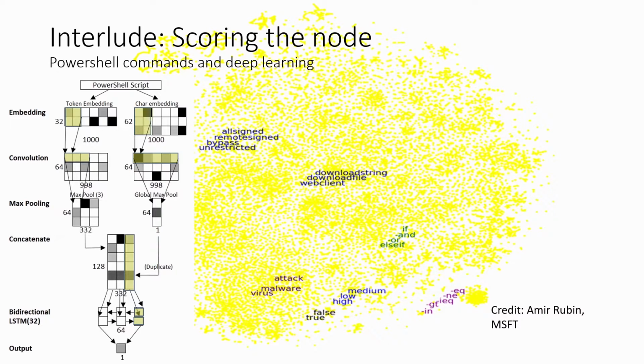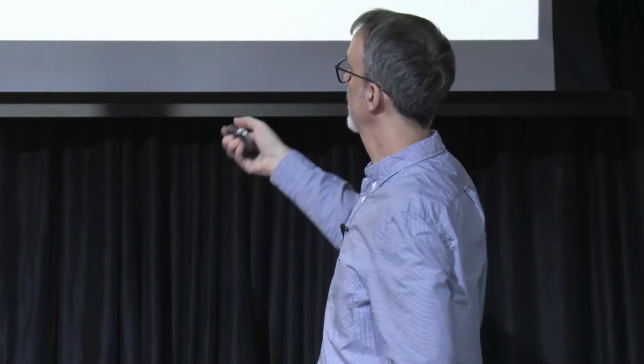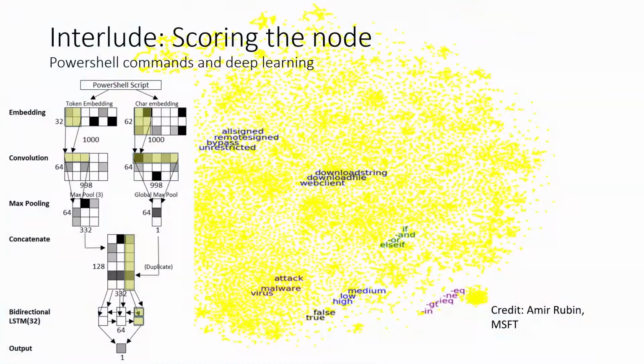By the way, Amir Rubin, a colleague of mine in Israel. You can see that logical statements are close to each other, right? Which is a bit of magic because we had to convert natural language into a quantity in order to put it close together. And you can see downloading and web behavior is close to each other, and things like that.